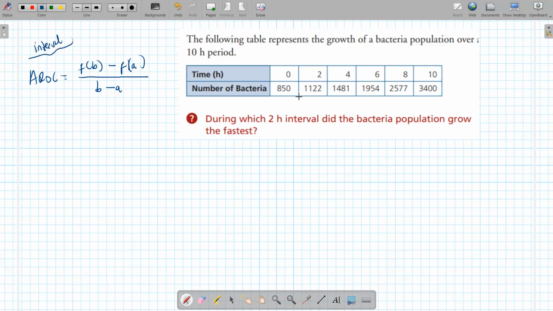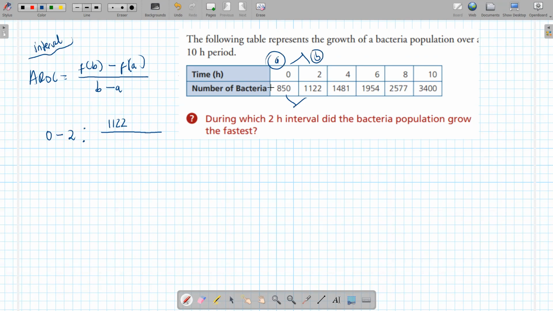So the way to do this is you take your two y values, you take your two x values, and you use the formula. So during the first 2 hours from 0 to 2, what's the y value when x is 2, from the table of values? 1,122. So that's your f of b. 2 is your b.